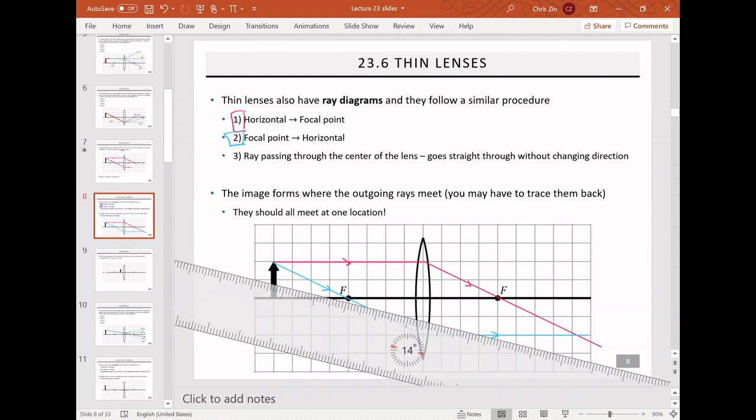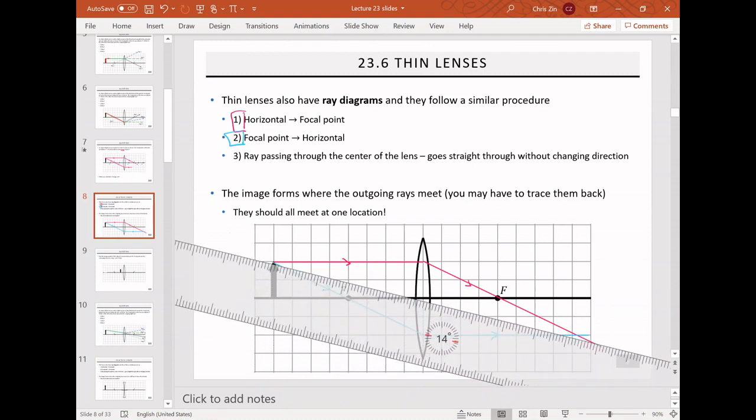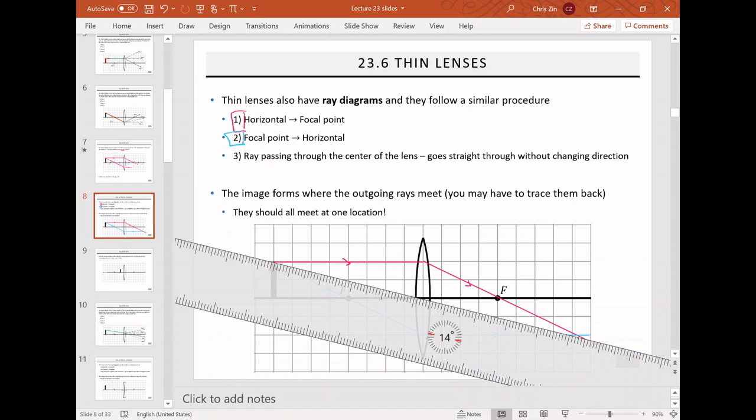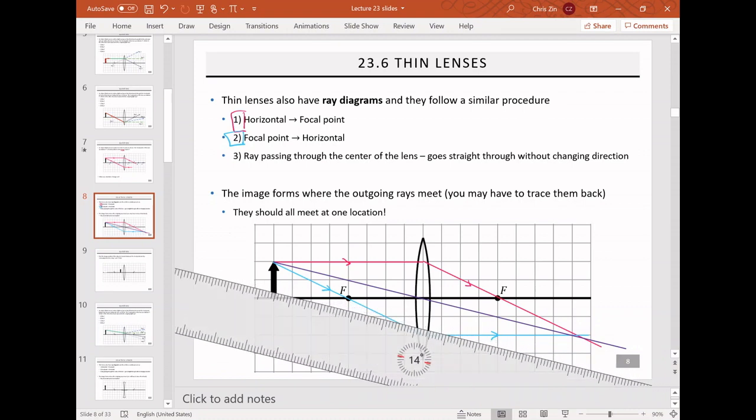And the third easy to draw ray starts at the top of the candle. It passes straight through the center of the lens, and then it exits outward. So the third easy to draw ray is the one that just passes straight through the center without bending at all.